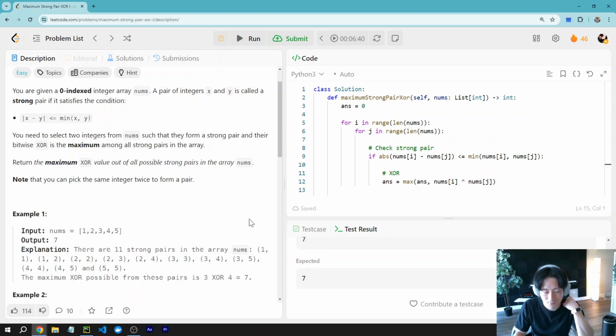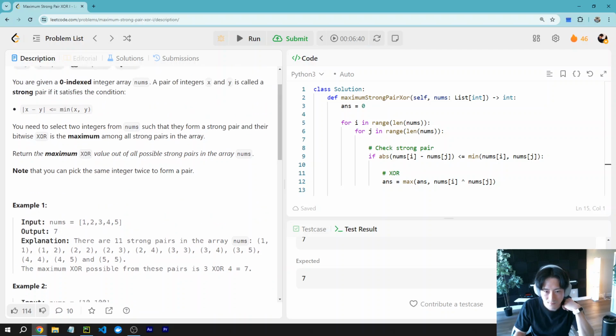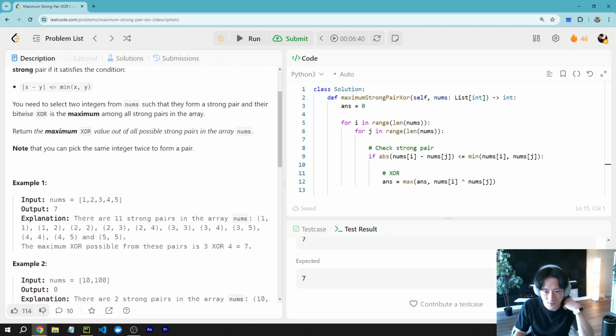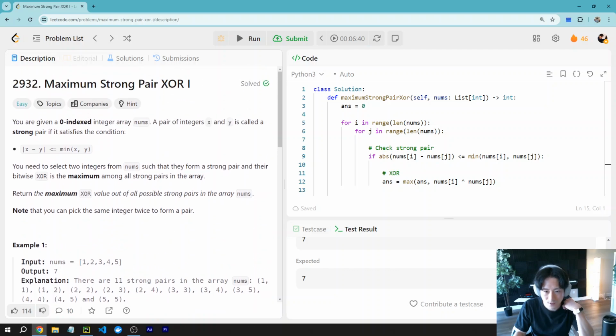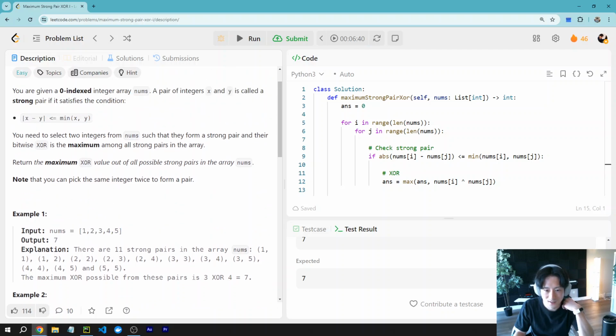If I sort it, I'm gonna have this kind of array, and if I take the smallest and biggest, the difference is gonna be 4, and that's bigger than the minimum.